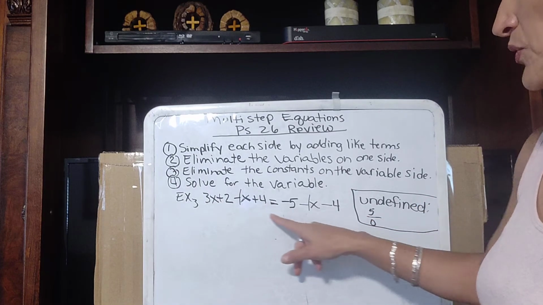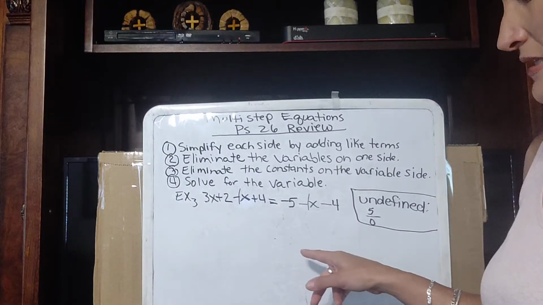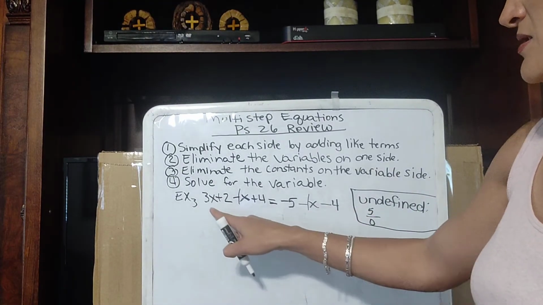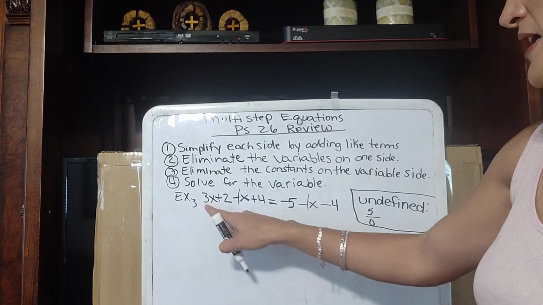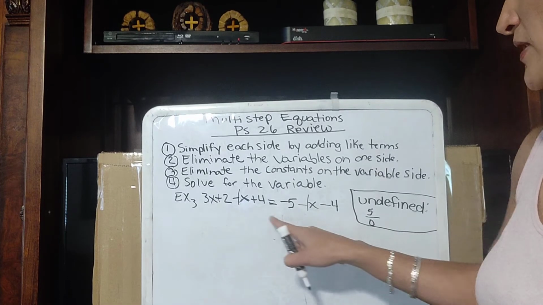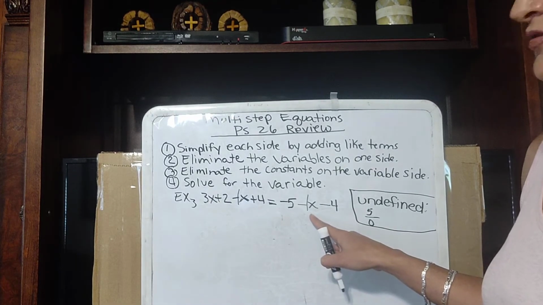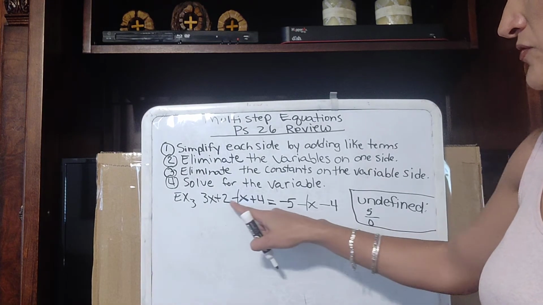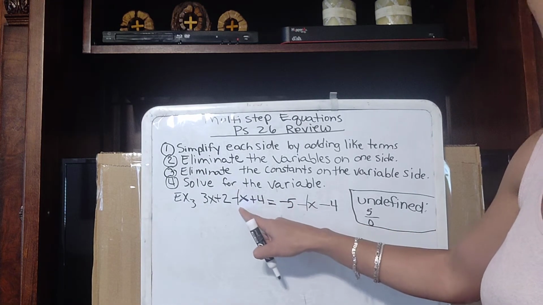I've written down example 3 from problem set 26, and you can follow along with me on how to do this. Okay, so we see that we have a 3x and a negative 1x over here. On the left side of my equal sign, I have 2 variables. Now, I inserted the 1. It wasn't there previously.